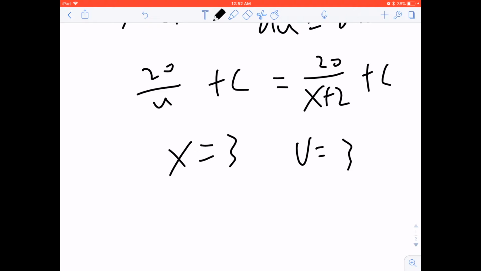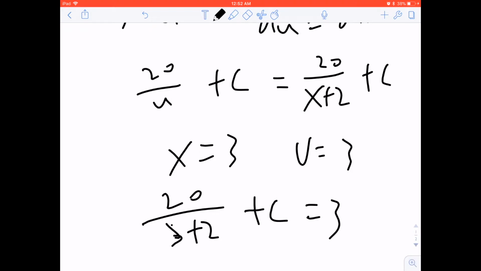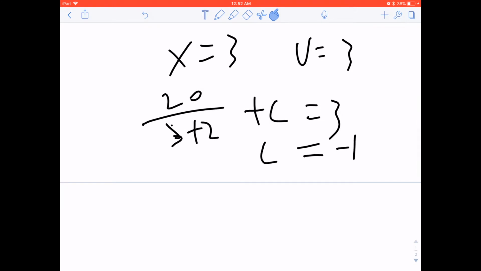So we substitute this into the function, and we got 20 over 3 plus 2, plus c equals 3, which means c equals -1. So then we got our final function of the leaking velocity, which is 20 over x plus 2, minus 1.